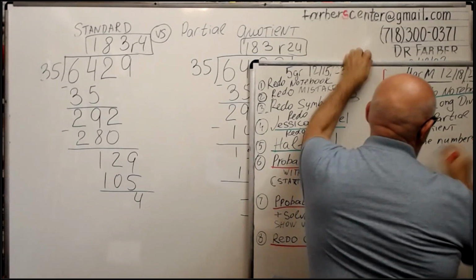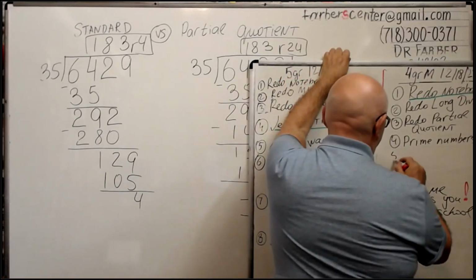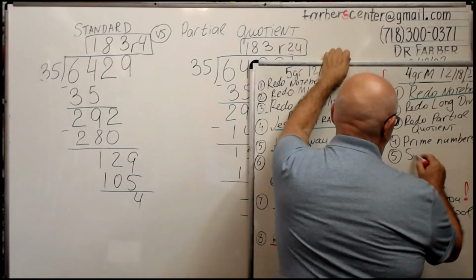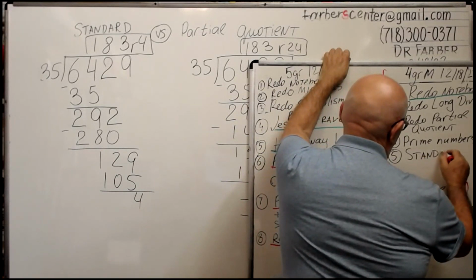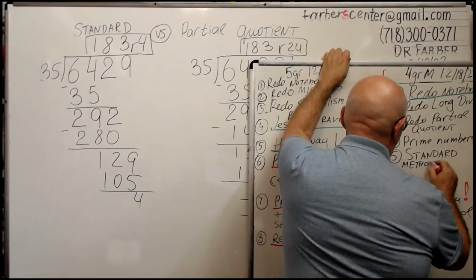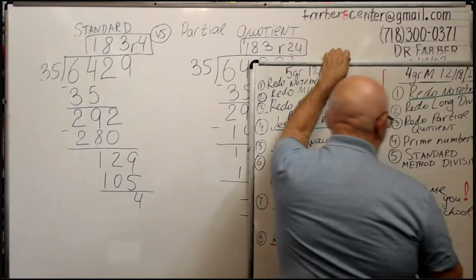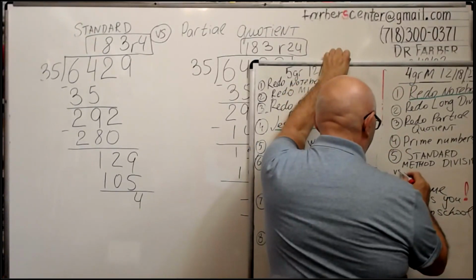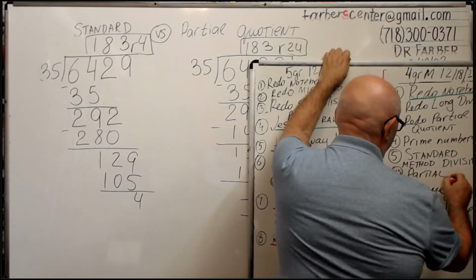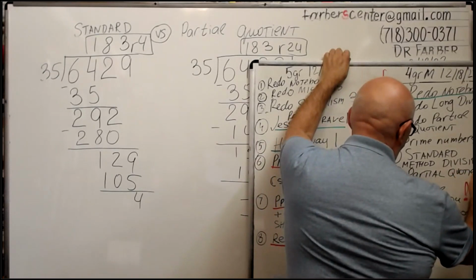Prime numbers, I mean, you also have composite numbers, right? Number 5. You get questions with the standard method of division. And you do this versus, you're supposed to do 2 ways. Partial quotients. The same example. Two ways.